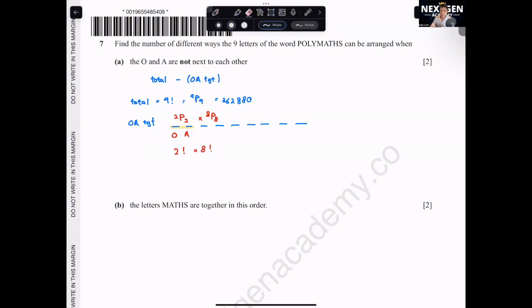Whichever you understand best, you will both get the answer of 80640. So your final answer will be equal to 362,880 minus 80640. You will get 282240. So you take the total minus next to each other.